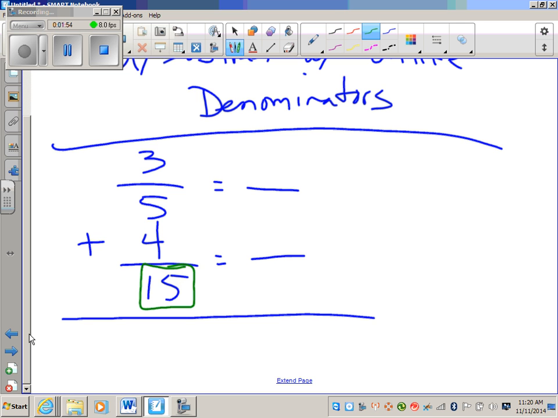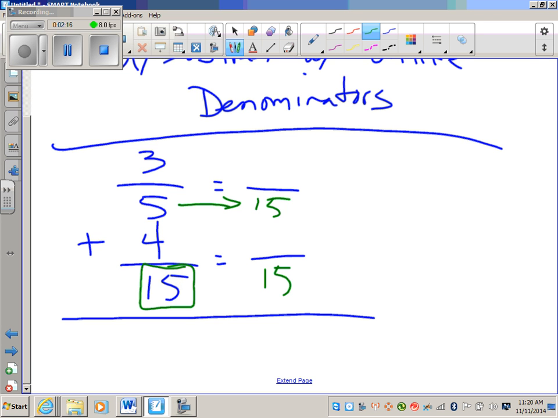Now the first question I'm going to ask myself is, is 15, the way it stands as my largest denominator, also a multiple of 5? If I were to count by 5, would I eventually get to 15? Yes. So I'm going to stay with that one. I'm going to convert them both to new fractions. Well, one of them will be new, with 15 as the denominator. So here's the trick.